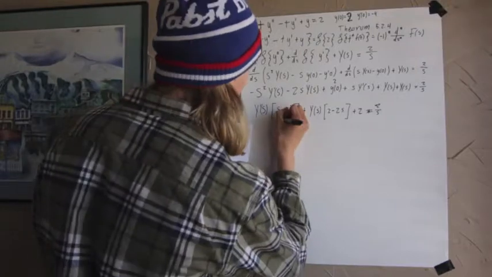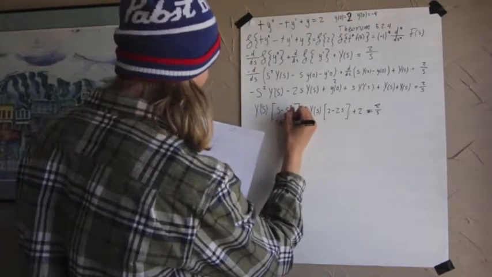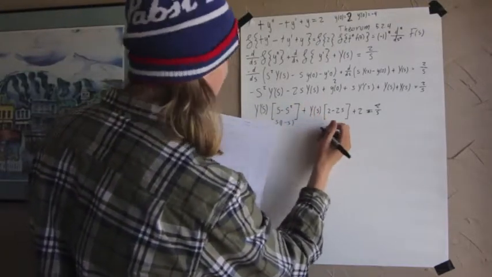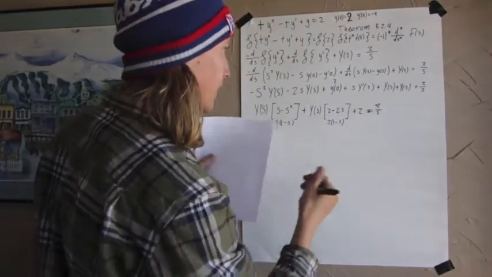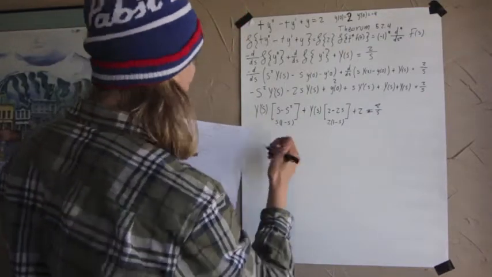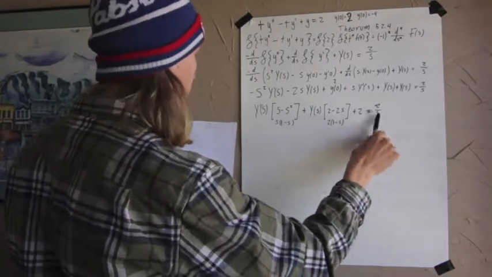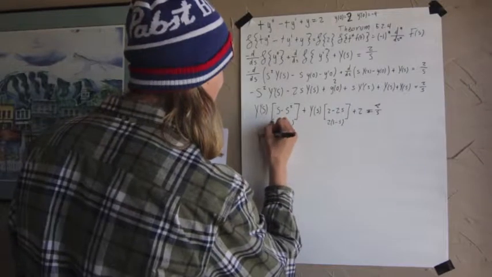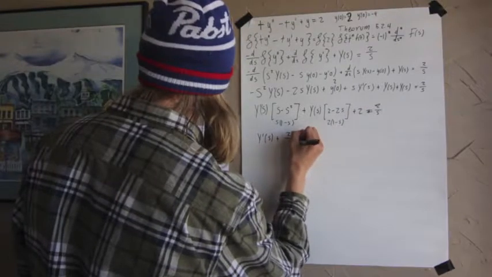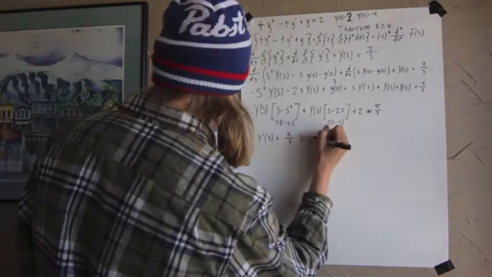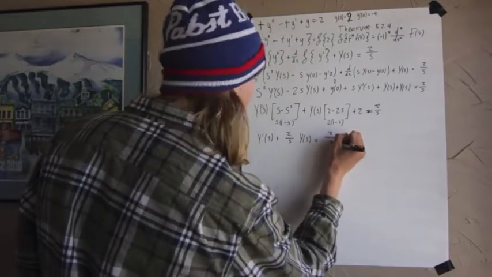This can be factored to s times 1 minus s, and this can be factored to 2 times 1 minus s. Bringing these terms over to the other side and bringing the 2 over, this simplifies to Y prime of s plus 2 over s times Y of s equals 2 over s squared.